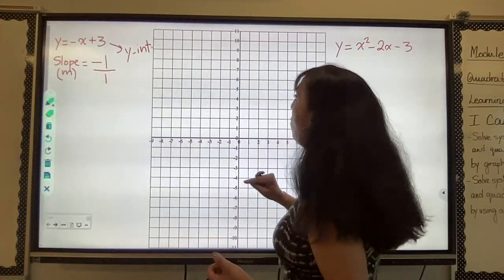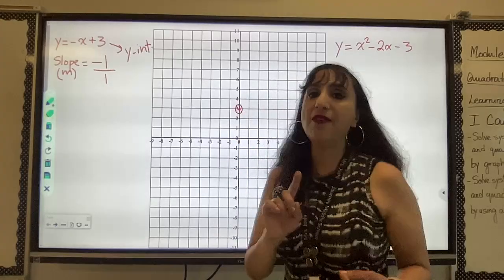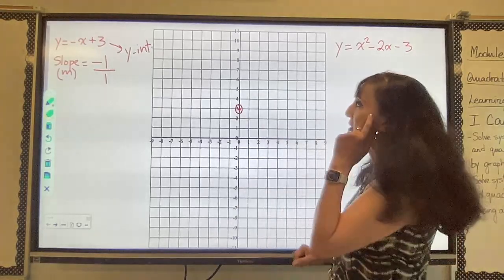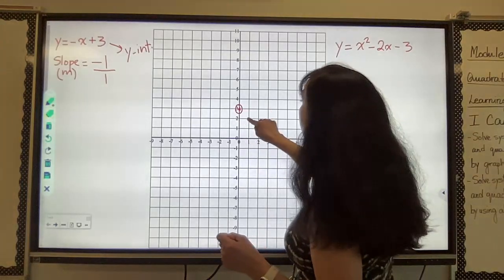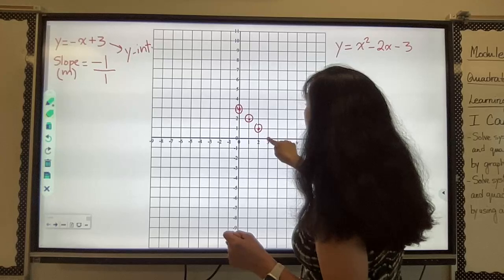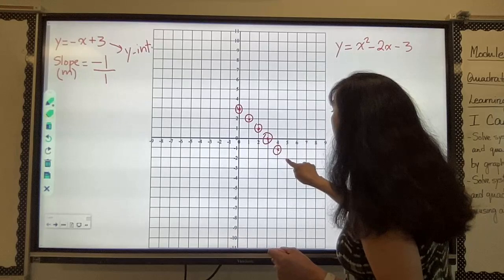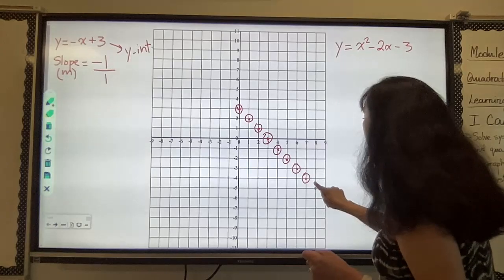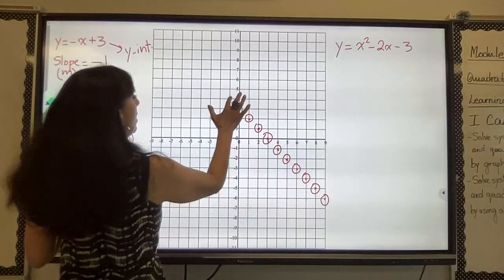So let's go ahead and graph this. That means my y-intercept is at 0, 3. The negative tells me that my graph is a downward slope. So if I'm saying -1, so we are going 1 down, 1 right. 1 down, 1 right. Okay, 1, 1. So this is what is happening to my graph. Okay, here we go. Same thing on the other side.